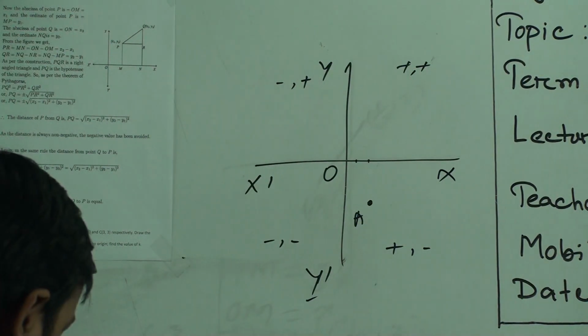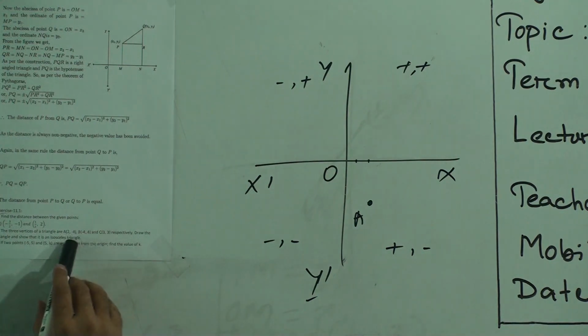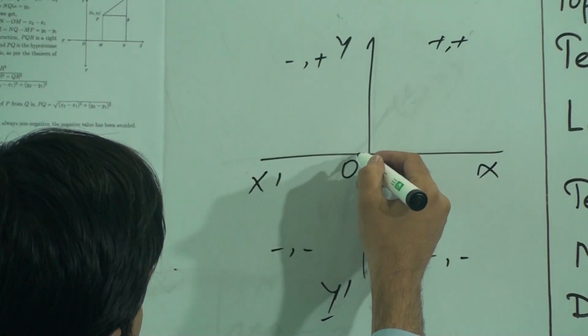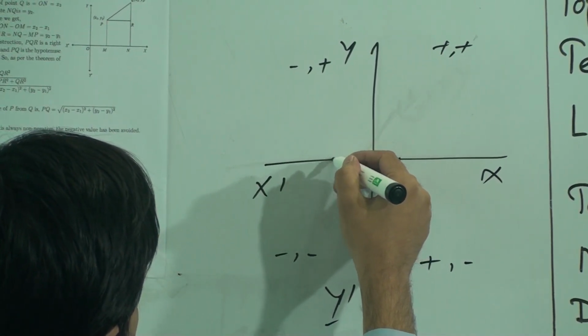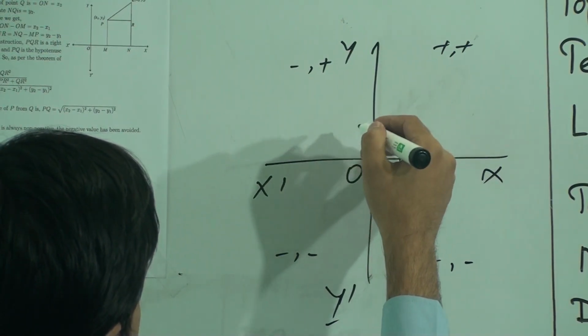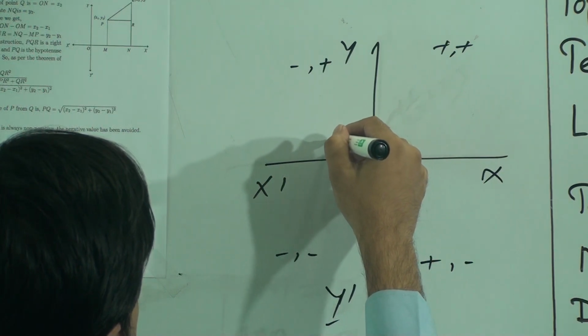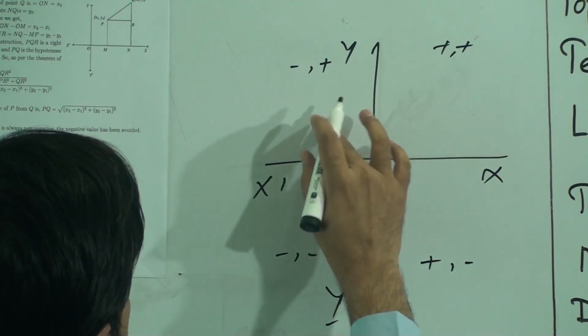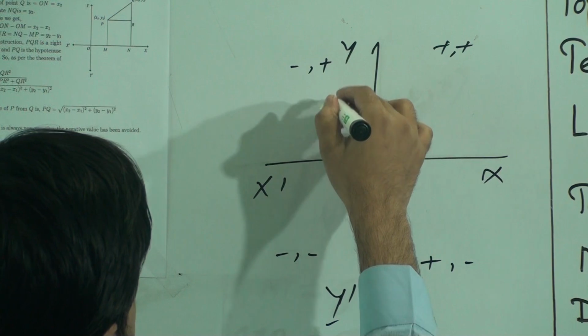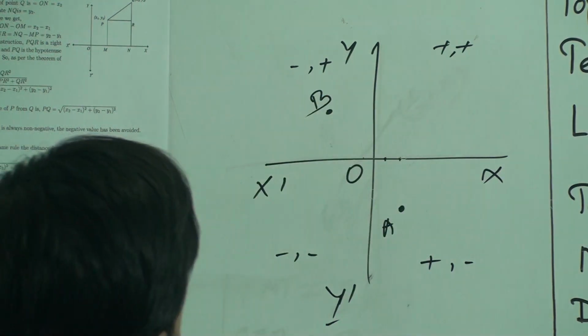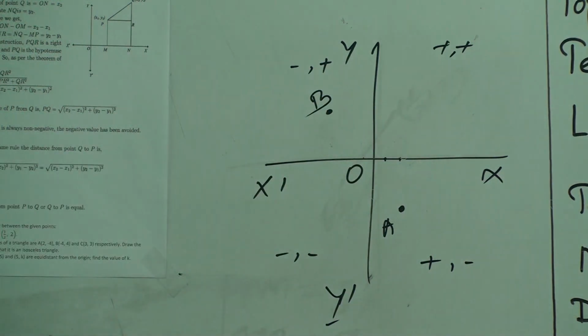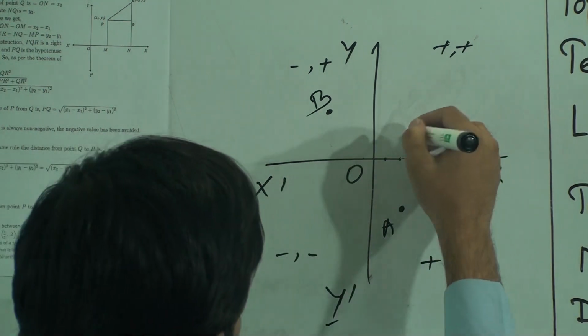Now we can plot another point here, (-4, 4). So x is negative here, so we move 1, 2, 3, 4 to the left, and above 4: 1, 2, 3, 4. So this is (-4, 4), point B. Now another point we need to plot is C (3, 3).